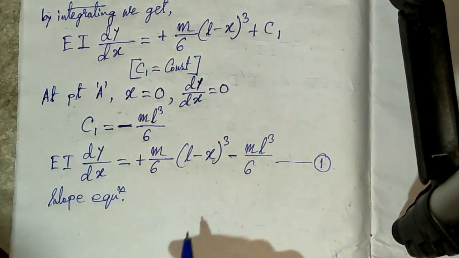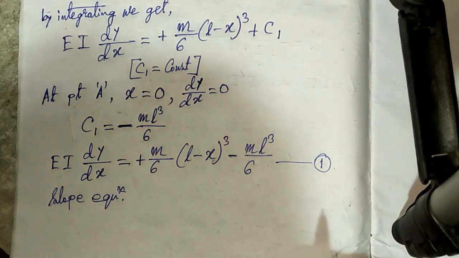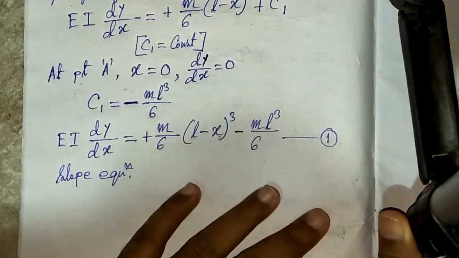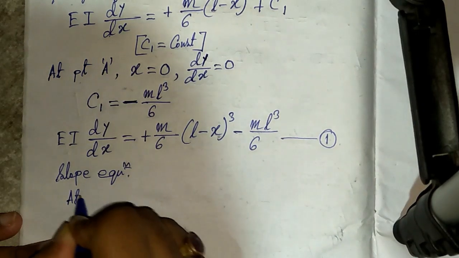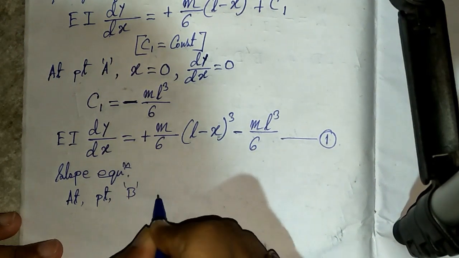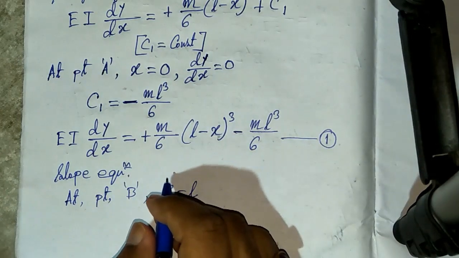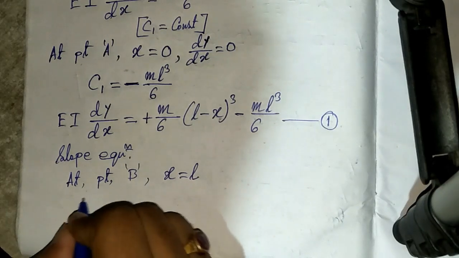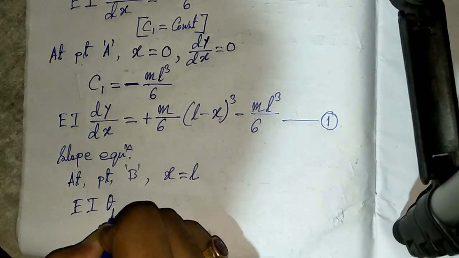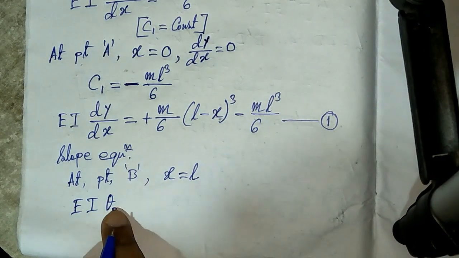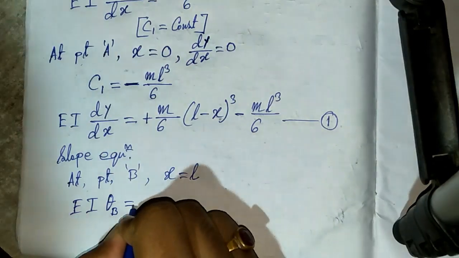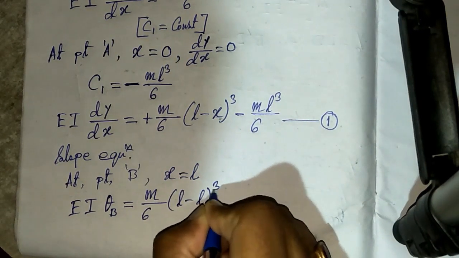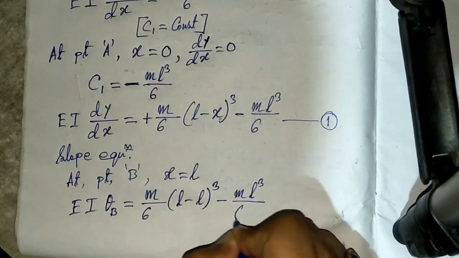To find the slope at point B, we have to substitute x equals L, that is, at point B. After substituting x equals L, we get EI into theta B, where theta B is the slope dy by dx, equals w by 6 into (L minus L) cube minus w L cube by 6.